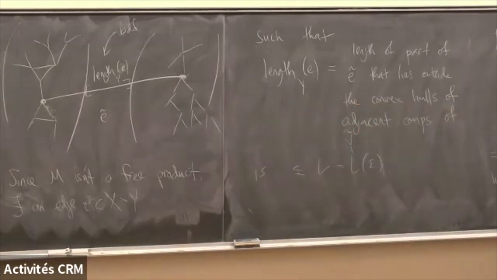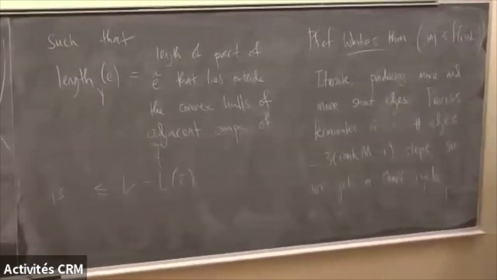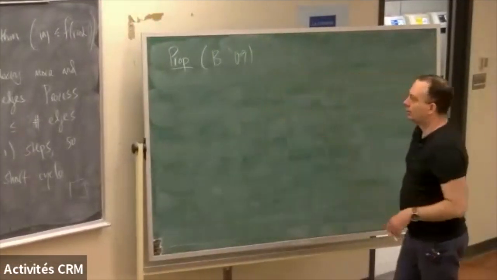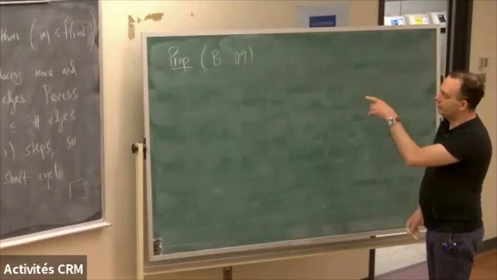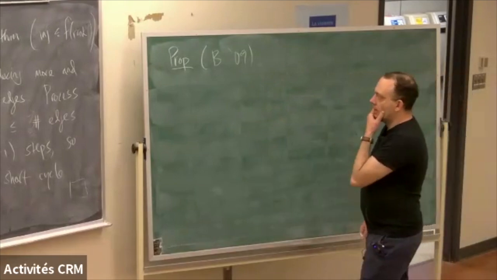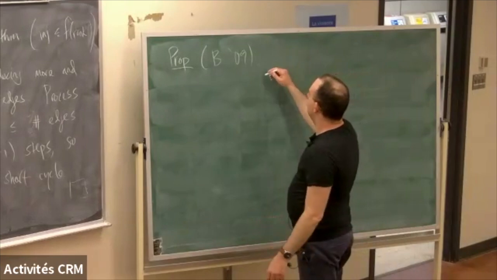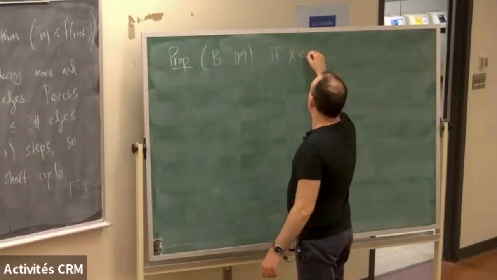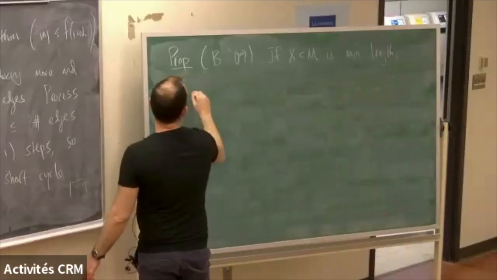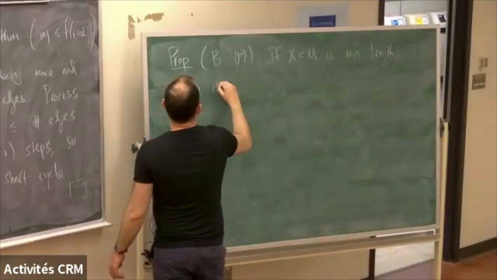Okay, but the real thing I wanted to get out of this is the following proposition, which I'll keep up here for later use. This version of it is written in this paper of mine from 2009, which says that if X in M is of minimal length, then there exists a chain of subgraphs.